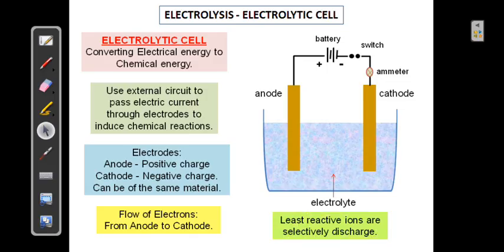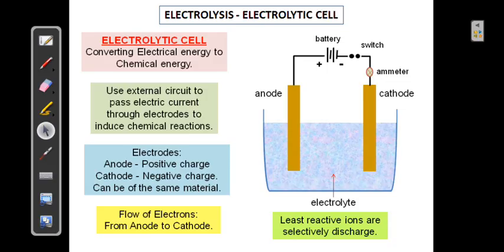And the result in the electrolytic cell is that the least reactive ions will be selectively discharged. So based on the electrochemical series, it doesn't matter whether you use the same types of electrode, different types of electrode, or copper.